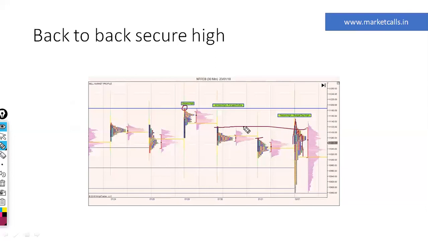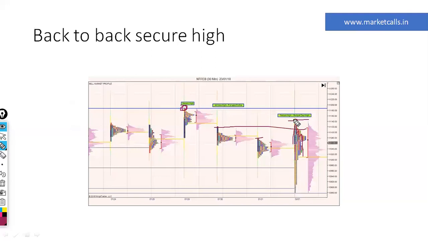So there are two major swing highs, which came during the middle of the day, and that is how we say it's a back-to-back secure high. These two highs will be a clear-cut sign of a major market top.